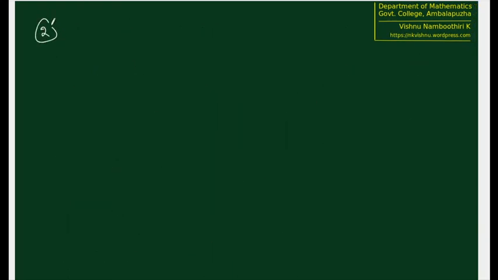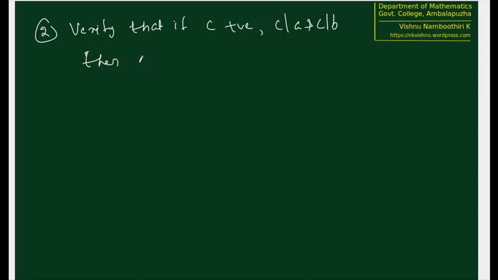So the next thing we want to verify is that if C is a common divisor, if C is positive and C divides A and C divides B, then we have to show that C is less than or equal to D. This is the next thing that we have to verify.